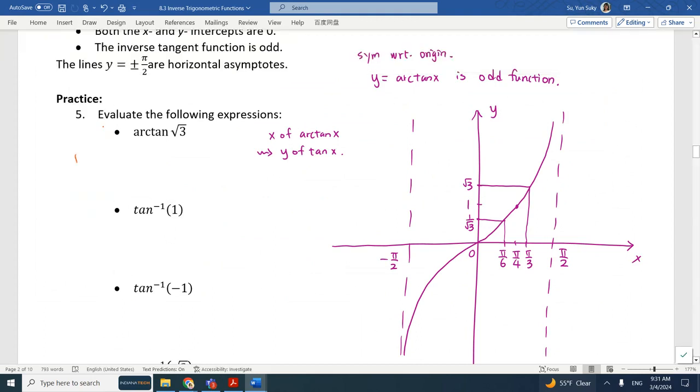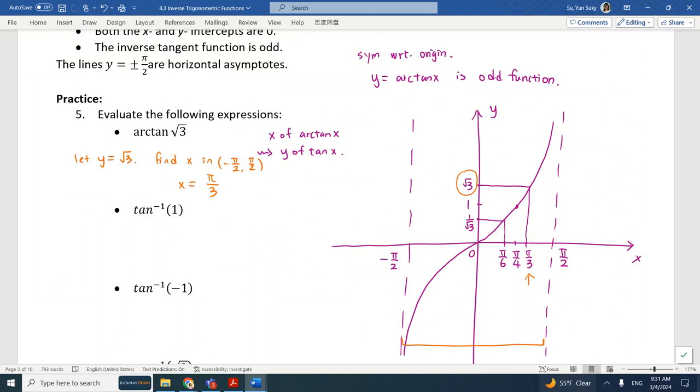Okay, so we let y equal root 3, and we find the x in minus pi over 2 to pi over 2. And what is the x? Yeah, y is root 3, the x is pi over 3. Is that okay, everybody?